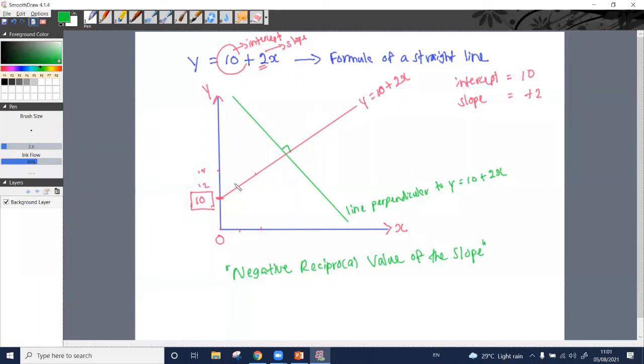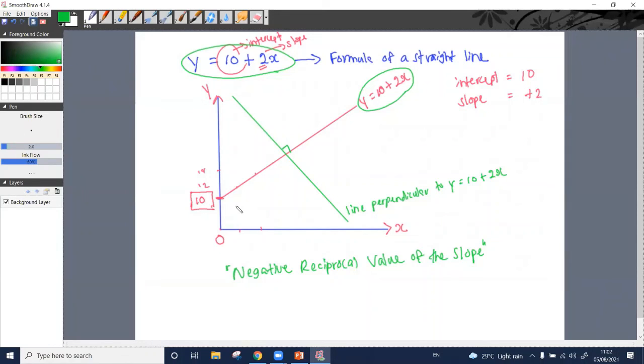Now tell me, what is the slope value in this given straight line? By looking at the formula itself, you should be able to say it at once without any hesitation.